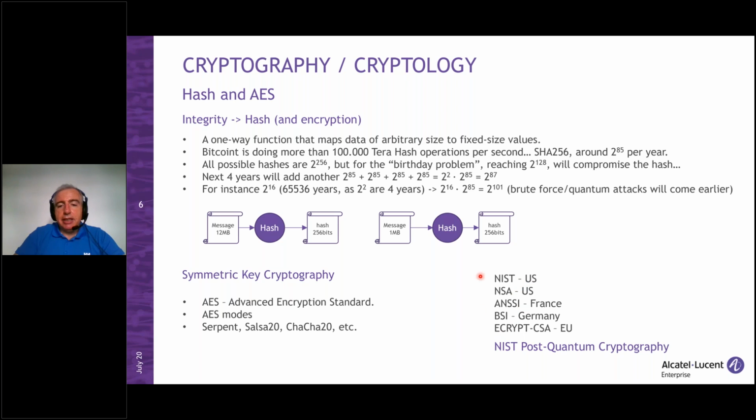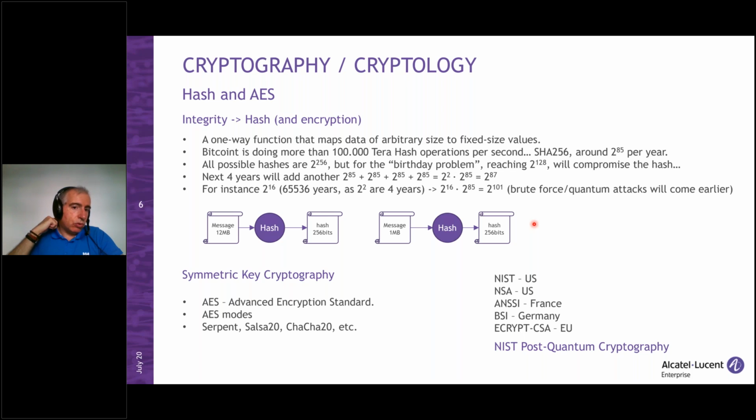And NIST, and this links with the quantum attacks, has already started to ask researchers, mathematicians, all these people to start thinking about cryptography for the next 30 or 50 years, because they are pretty sure that quantum computers will be able to crack current cryptography mechanisms.